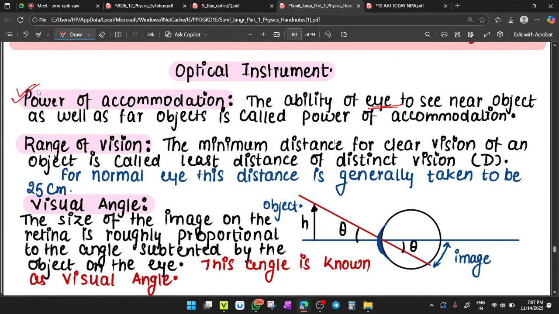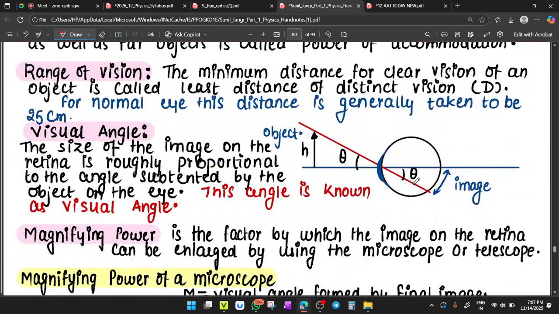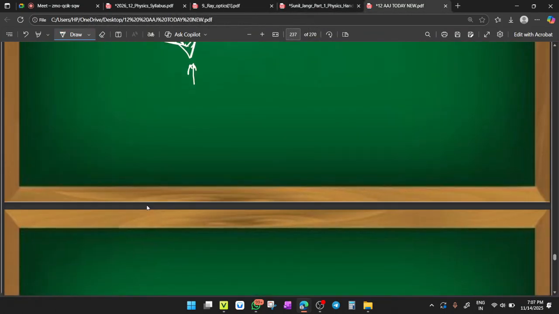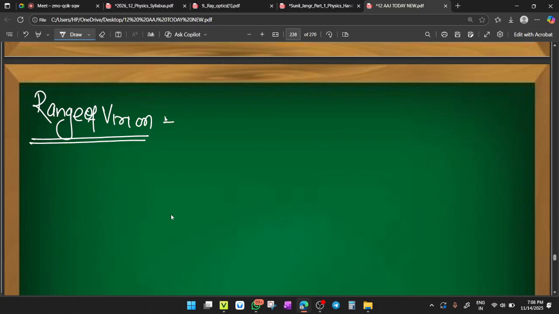First thing. Now the second thing is range of vision. There are two types of points defined for a healthy eye.